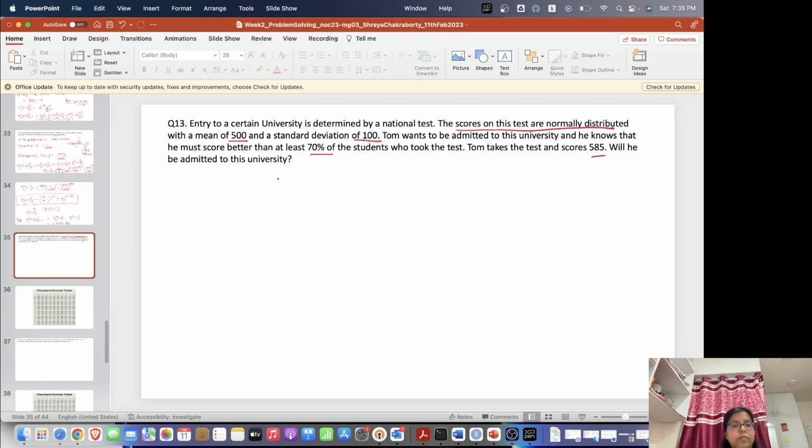So X is the marks, or rather the score, of a student. X follows normal 500, this one, and 100 square is its variance.